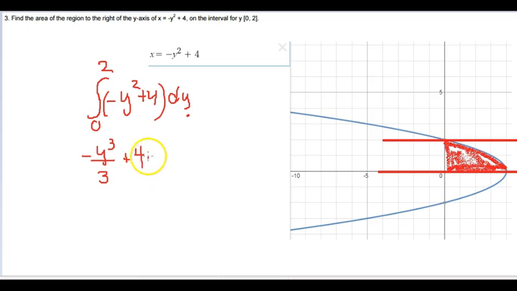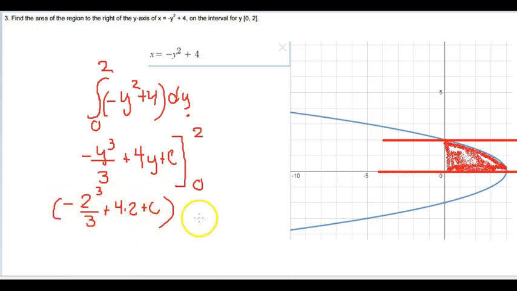Of course, this 4 just gets a y, the plus c, and then I'm evaluating that on the interval from 0 to 2. So I've got the opposite of 2 cubed over 3 plus 4 times 2 plus c, and I subtract from that the opposite of 0 cubed over 3 plus 4 times 0 plus c.